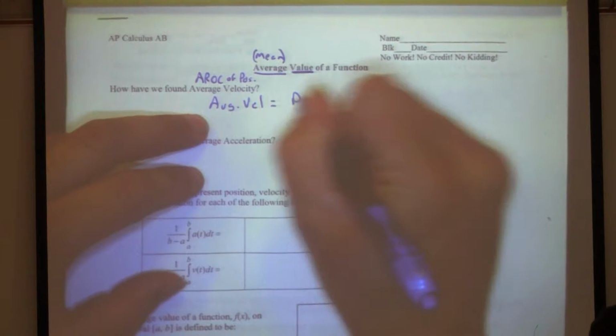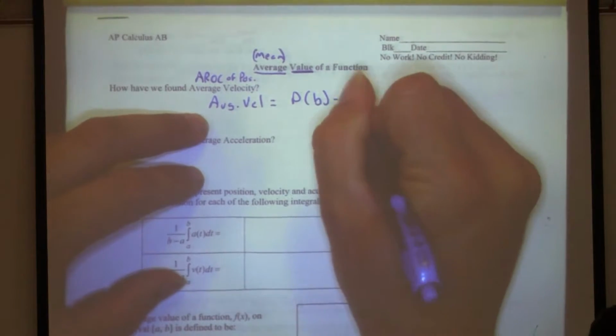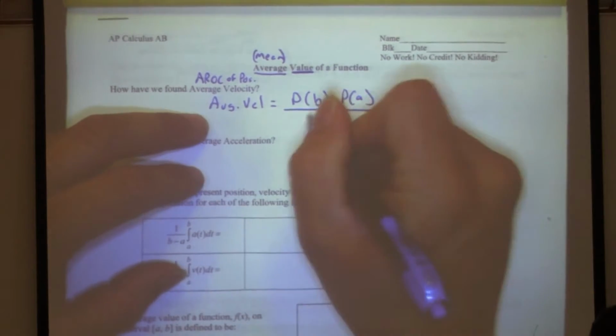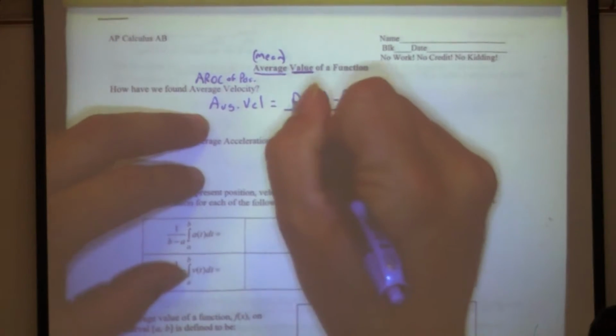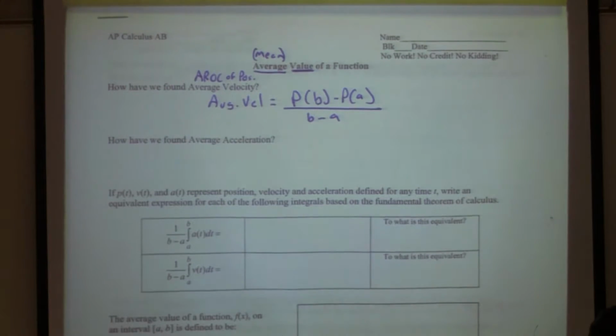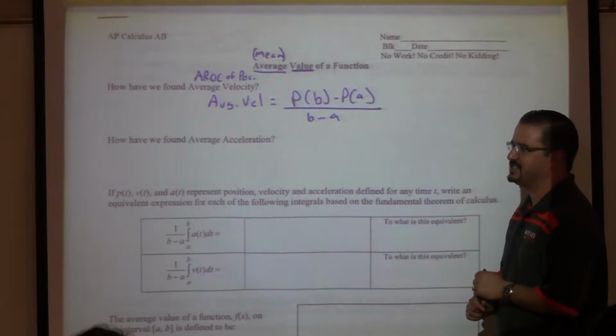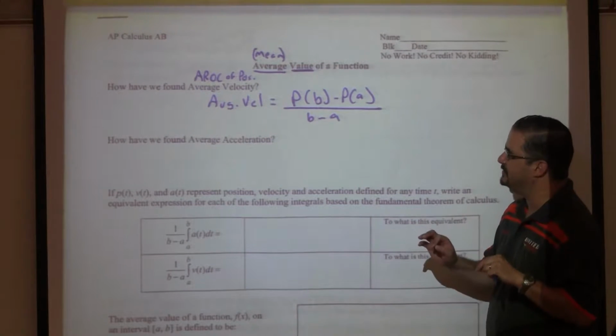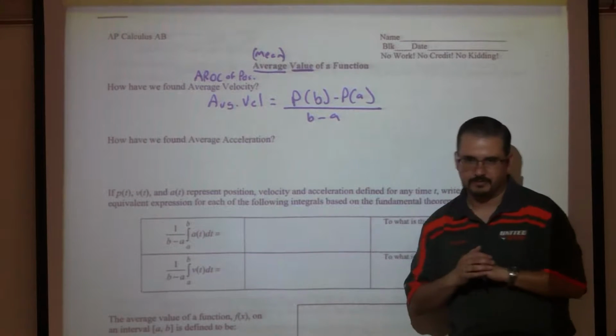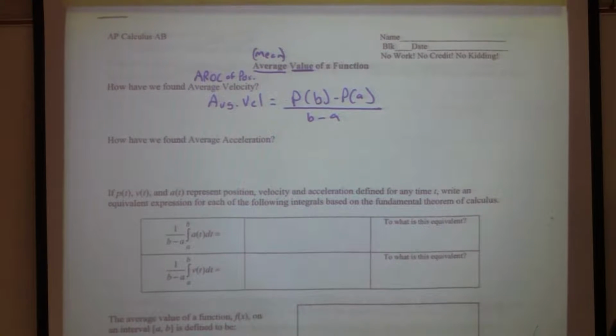We would say that it would be P of B minus P of A over B minus A, yes? We have to imagine a secant line being drawn from the point at A to the point at B, and then finding the slope of that secant line on that position graph, right? That would be the average velocity.